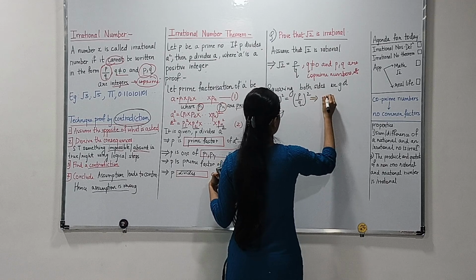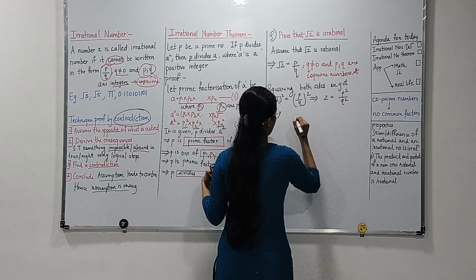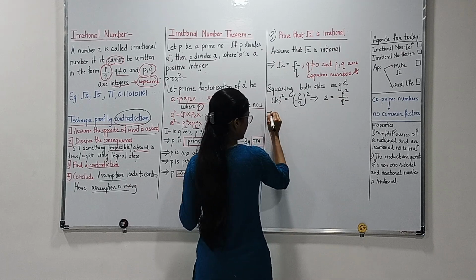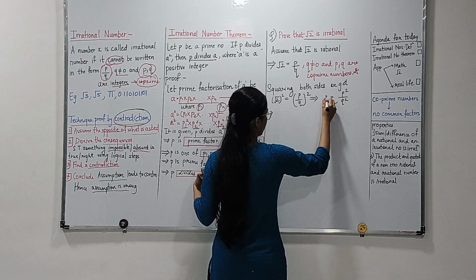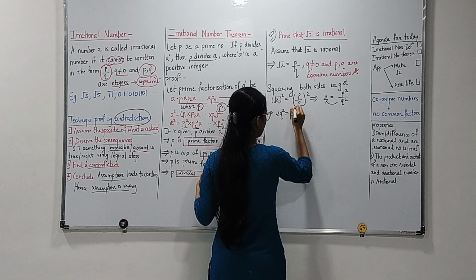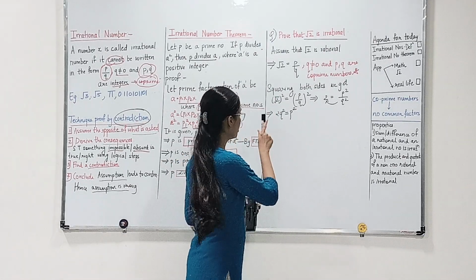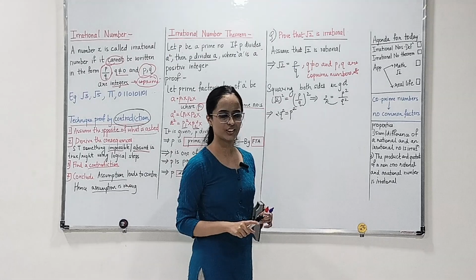So this implies you get 2 equals P square upon Q square. When you shift Q square over here, you get 2Q square equals P square. So what did we get? We get 2Q square equals P square.